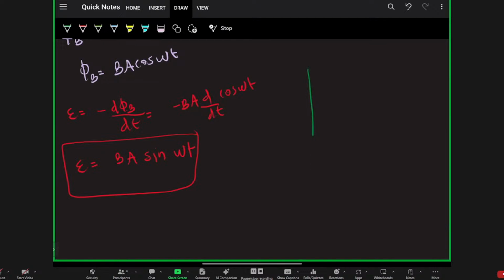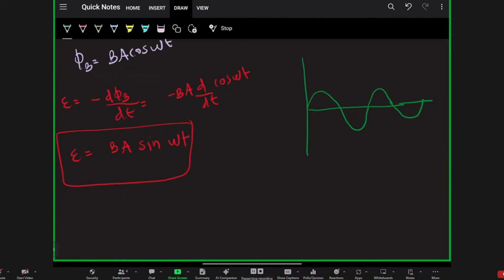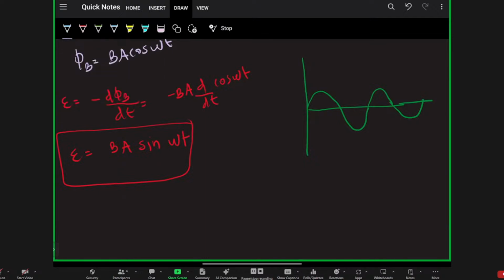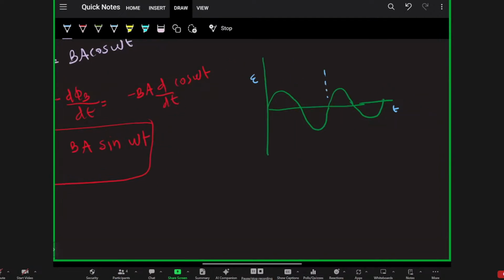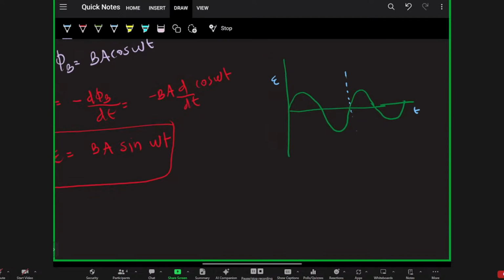So we can represent induced EMF in graphical form, because it's now a sine function. Taking the y-axis for induced EMF and the x-axis for time, for one cycle the induced EMF first has one direction, then becomes negative.